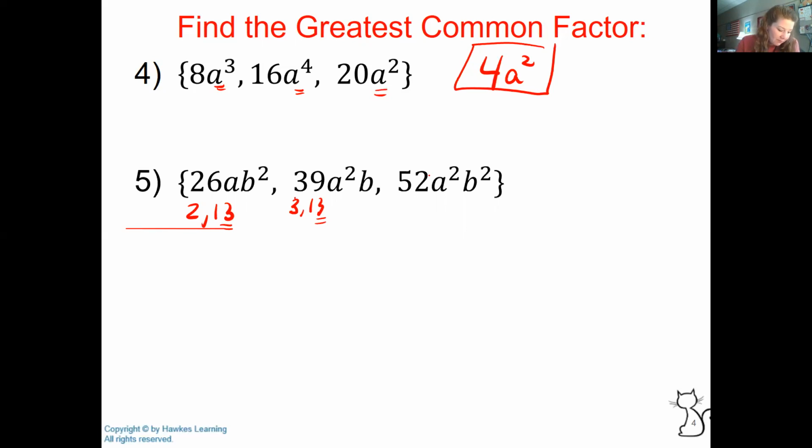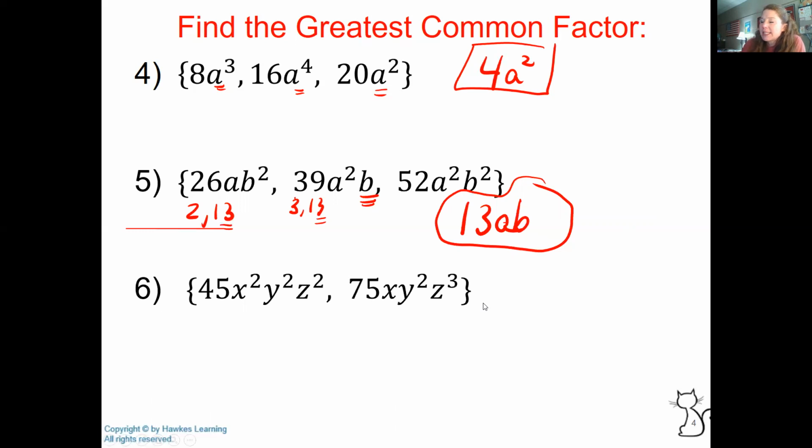When I divide 52 by 13 on my calculator, it is. So 13 is my greatest common factor. And then the greatest number of a's I can pull out is 1. And for the greatest number of b's, I have to get the smallest one. So my greatest common factor is 13ab.